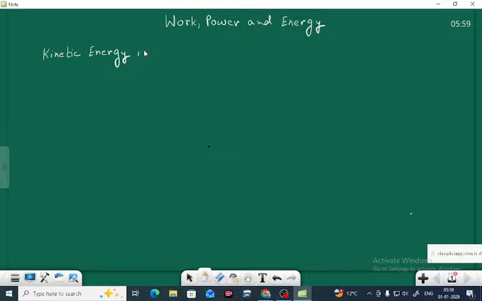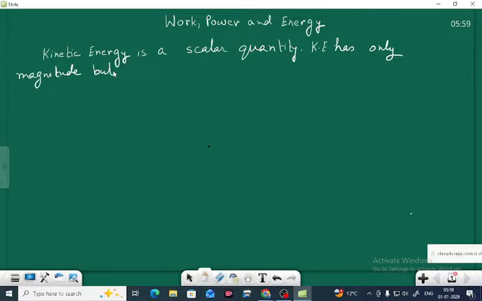Kinetic energy is a scalar quantity, because kinetic energy has only magnitude and no direction. So we can say that kinetic energy is a scalar quantity.